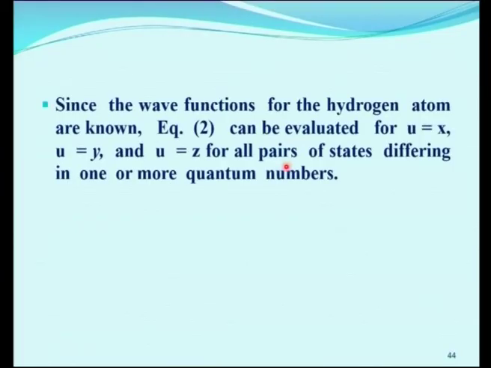When u is taken as x, for example, the radiation would be produced by the dipole antenna lying on the x axis. Since the wave functions for the hydrogen atom are known, equation 2 can be evaluated for u equal to x, then y, then z, for all pairs of states differing in one or more quantum numbers.